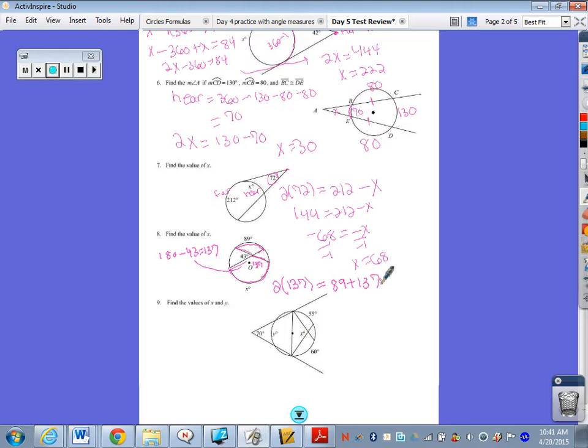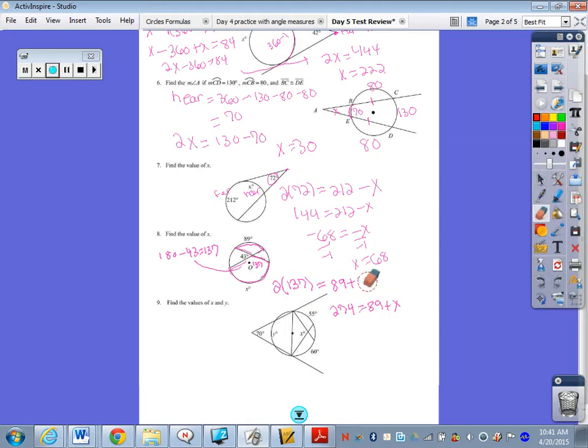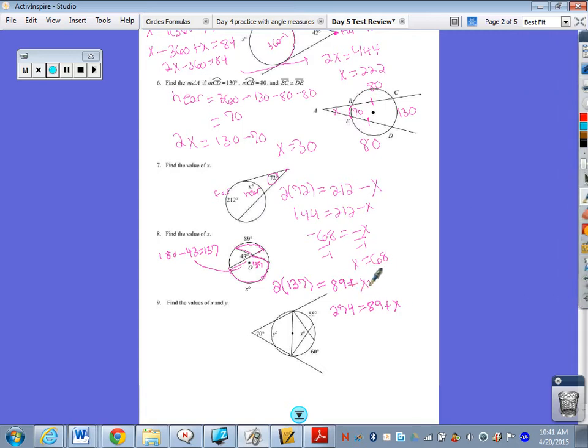Okay, and then you solve it, so you do 2 times 137, which is 274, is equal to 89 plus x, sorry, the 137 up here should be x. And then you're going to subtract 89, and you should get x is equal to 185.